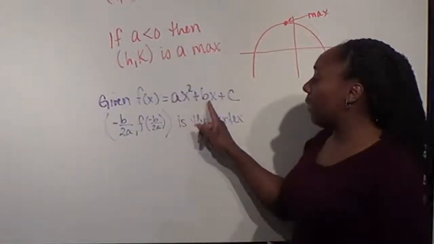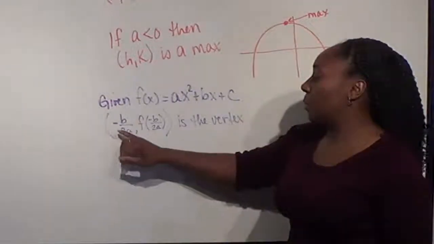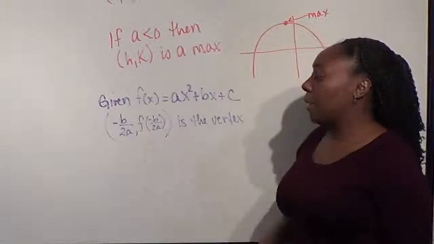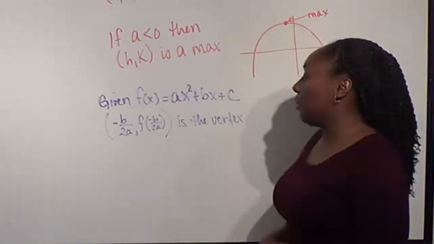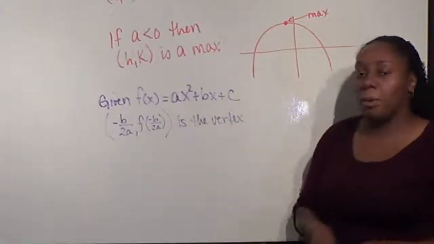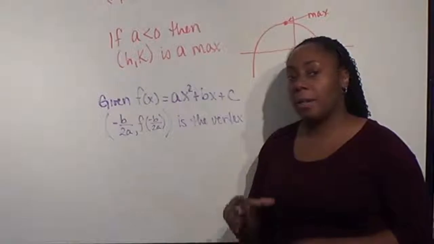I'm going to pull off a and b, and then I can find the ordered pair for the vertex by looking at x equaling negative b over 2a, and the y being f of negative b over 2a. Okay? This will give me the vertex. Again, I can look at whether a is positive or negative, and that will tell me whether I'm looking at a max or a min.